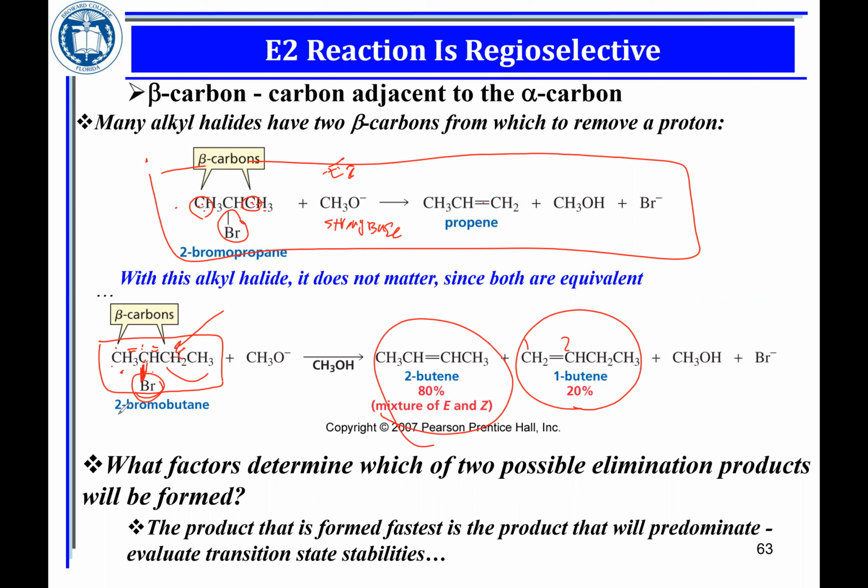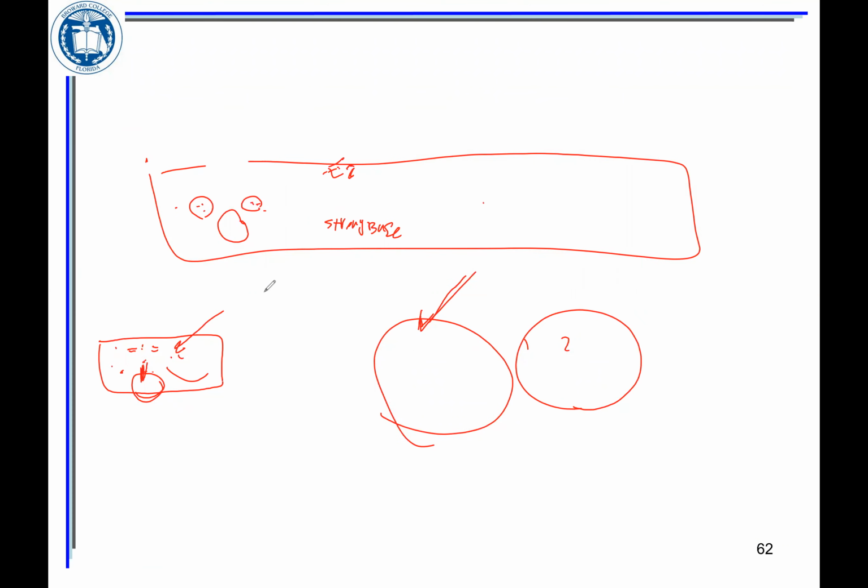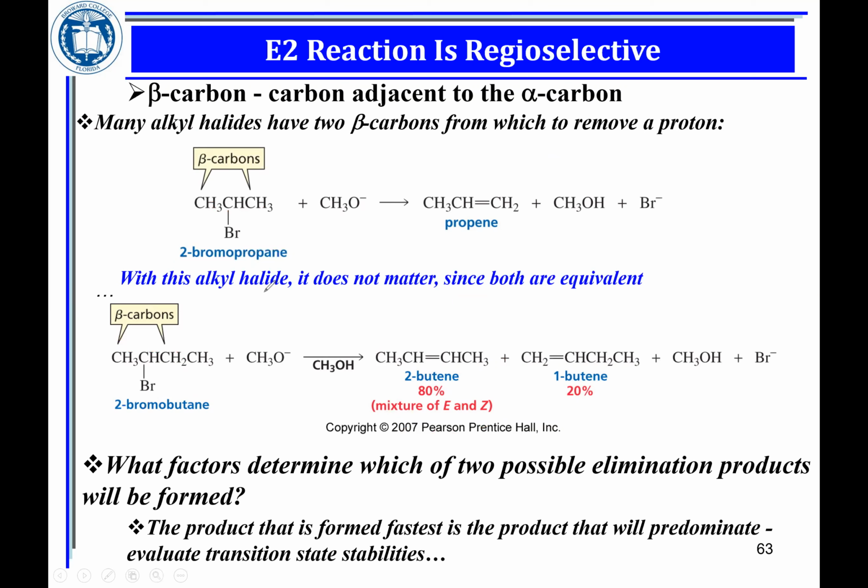Now, if everything else is the same, why is your major product the major product? What's the difference between these two? When it comes to a carbon-carbon double bond, what happened?